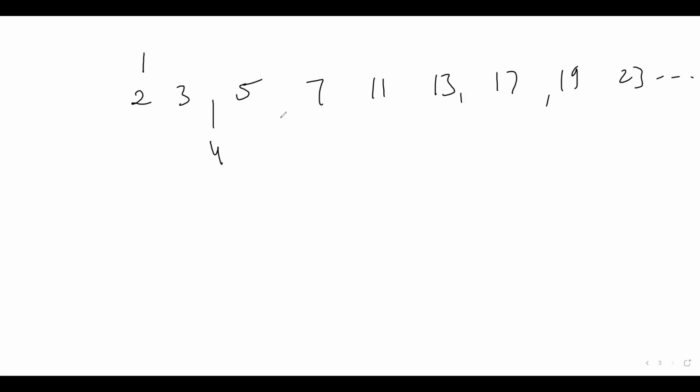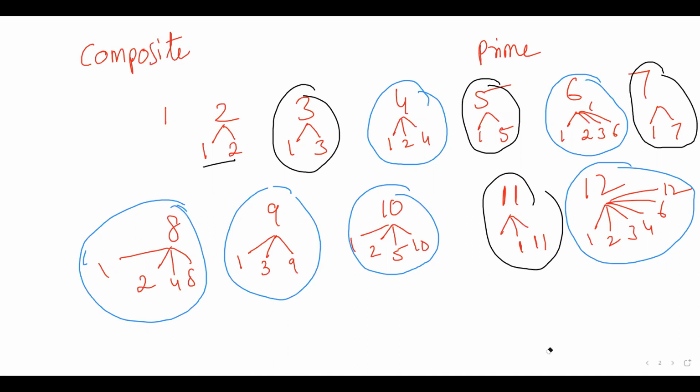Here 4 is missing: 4, 6, 8, 9, 10, 12, 14, 15, 16. The remaining numbers are composite numbers. Got it? So now you know about prime numbers and composite numbers.